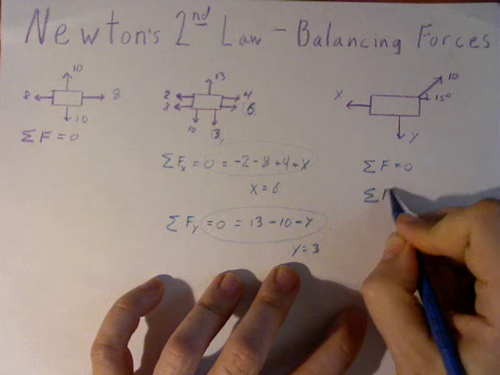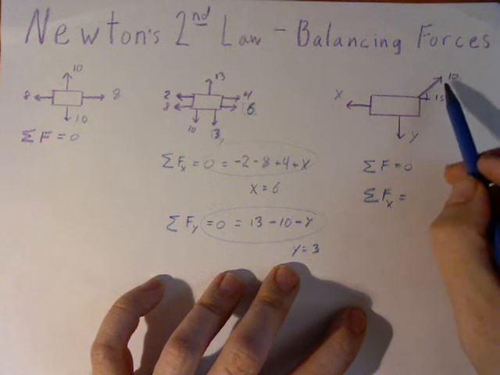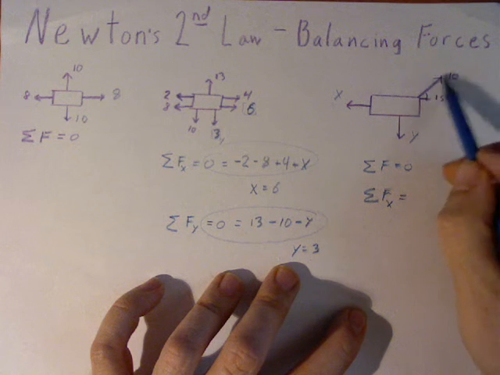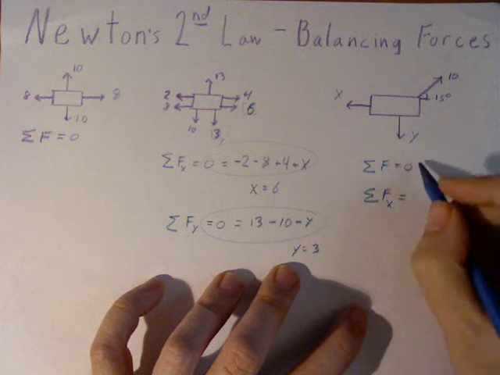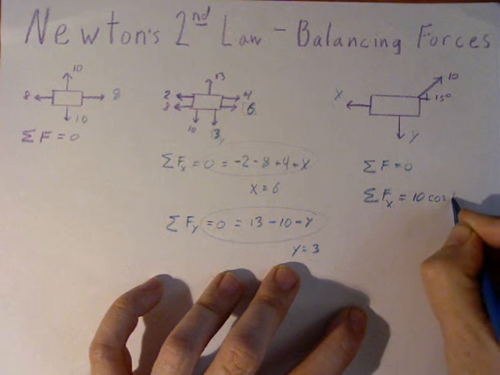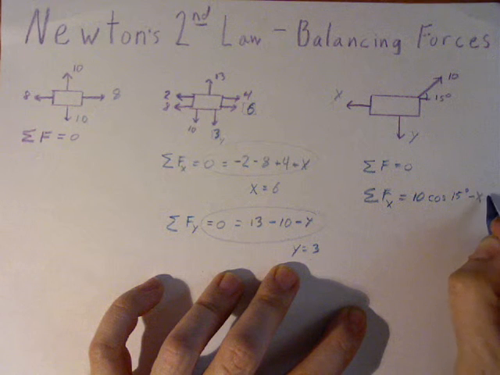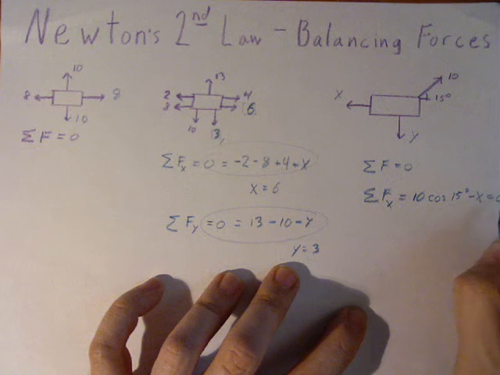For summation of forces in the x direction, we will have the horizontal component of 10 is at 15 degrees, so I will write 10 cosine 15 degrees minus x equals 0.